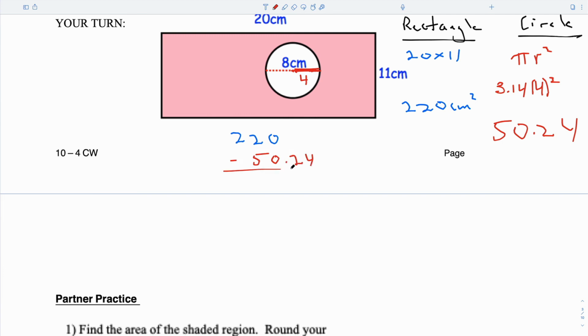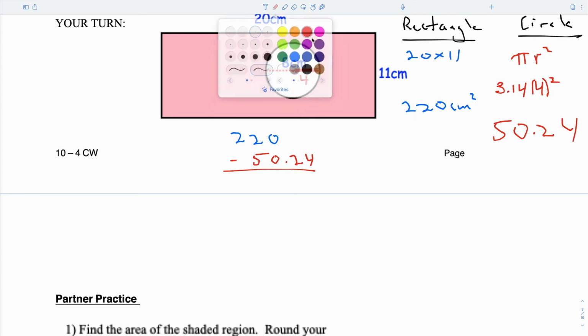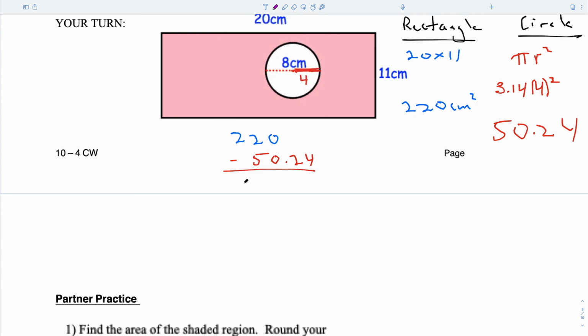Daniel, answer? The answer is 0.76. Unit? Centimeters squared.